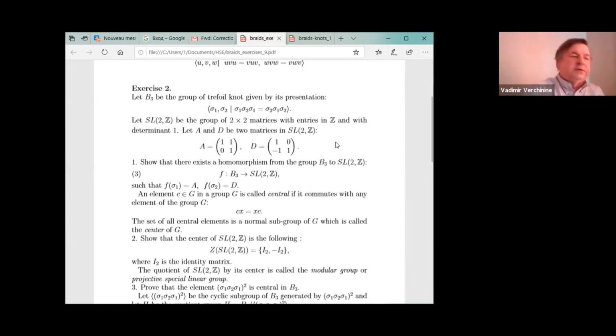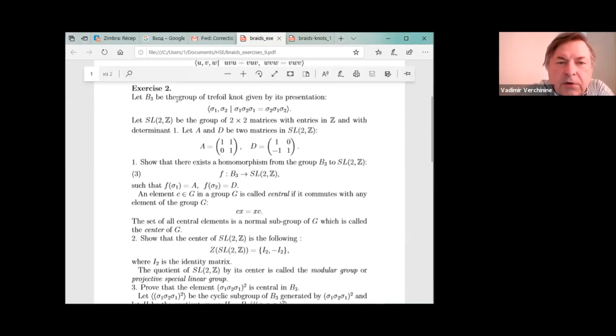So the aim of this exercise is to put the braid group on 3 strands in the context of matrices, the object that you know very well.